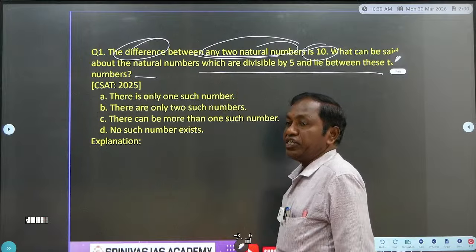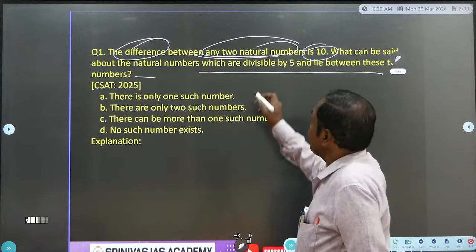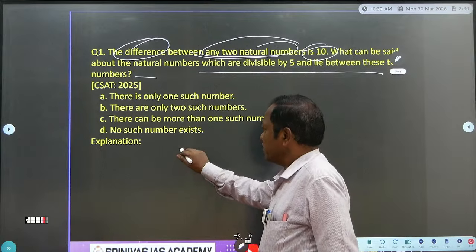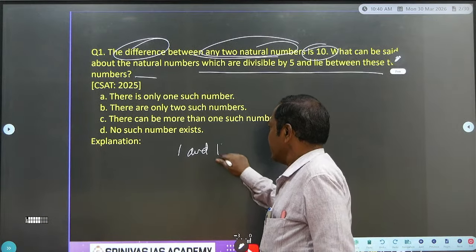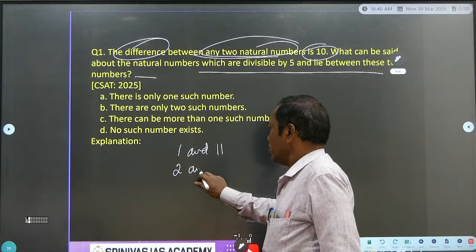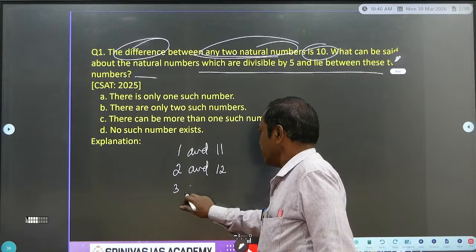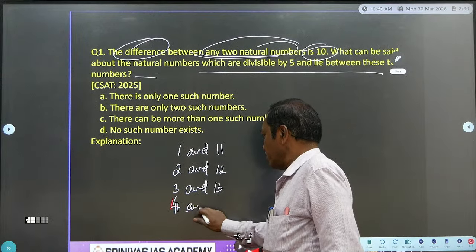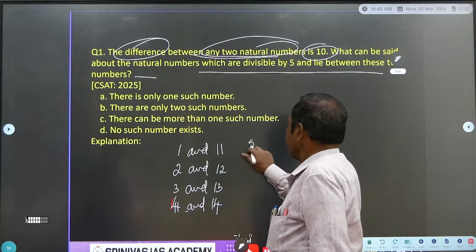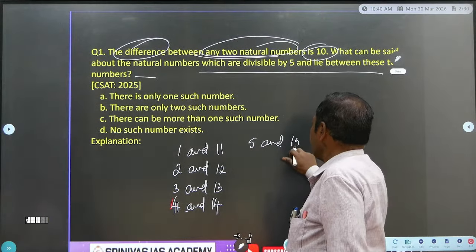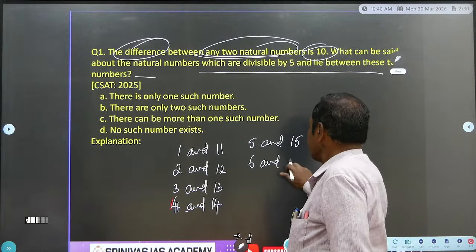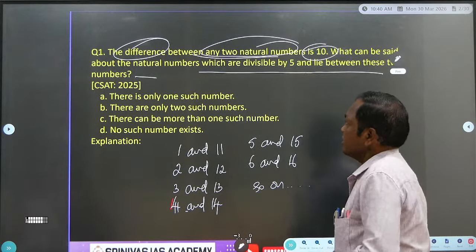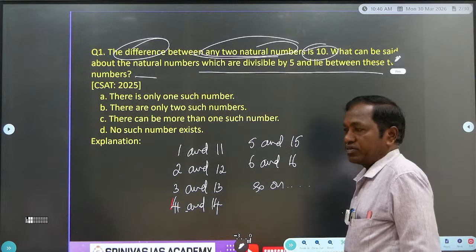Normally what we can do, for any two natural numbers, you can start with 1 and 11, difference is 10, 2 and 12, 3 and 13, 4 and 14, 5 and 15, 6 and 16, and so on. So there are many possibilities.